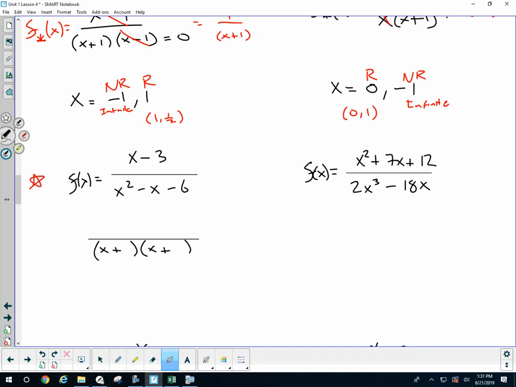Those two numbers need to add to get your middle and multiply to get your negative 6.